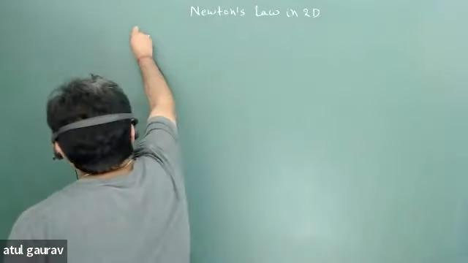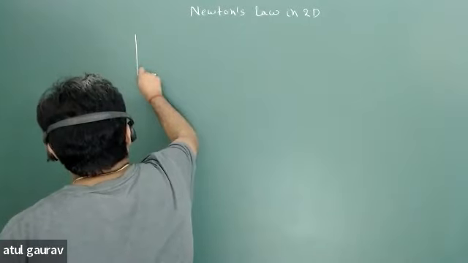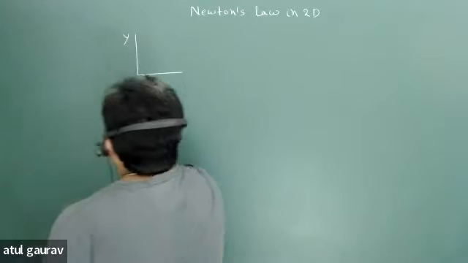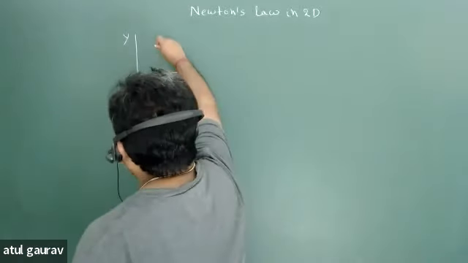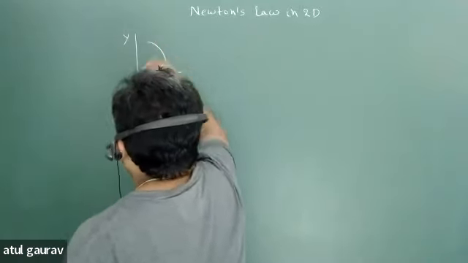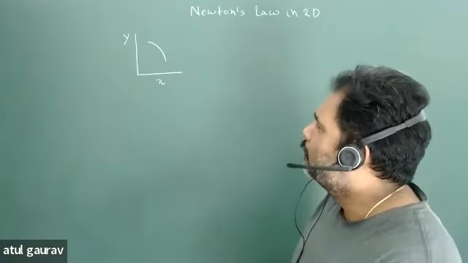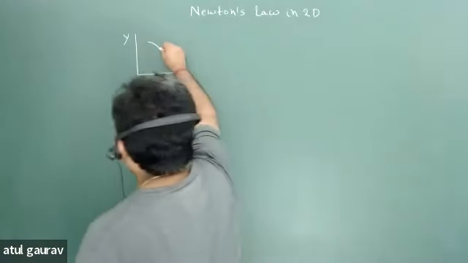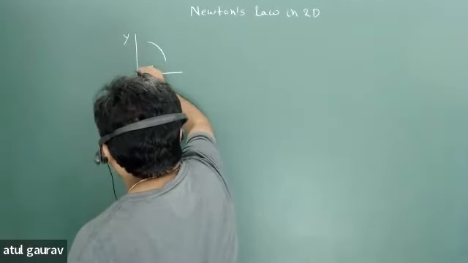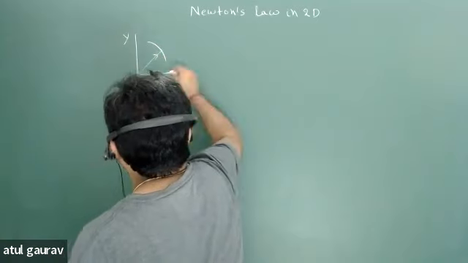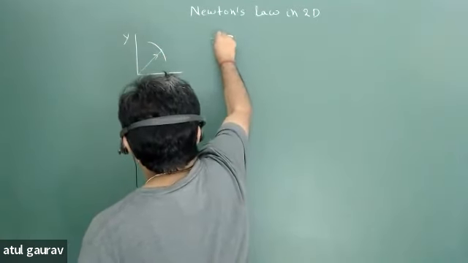So obviously, if we have a Cartesian coordinate system, suppose this is my x and this is my y, and any particle is moving on this particular path, and its coordinate in xy, or Cartesian coordinate, is given by a position vector.